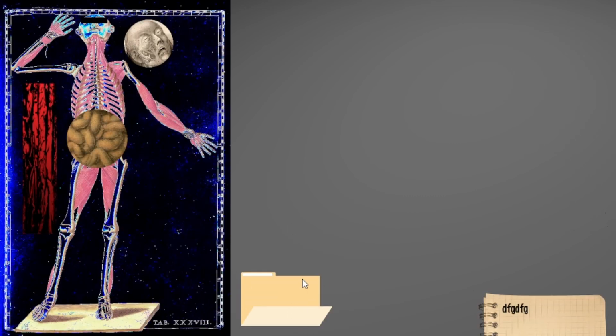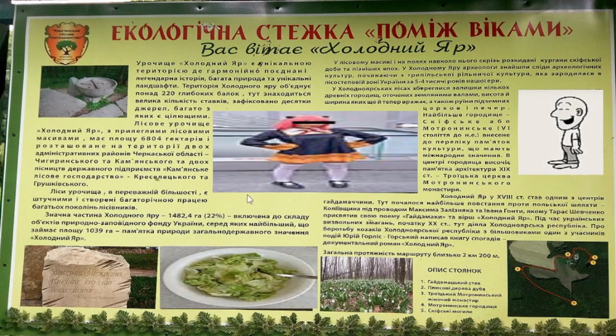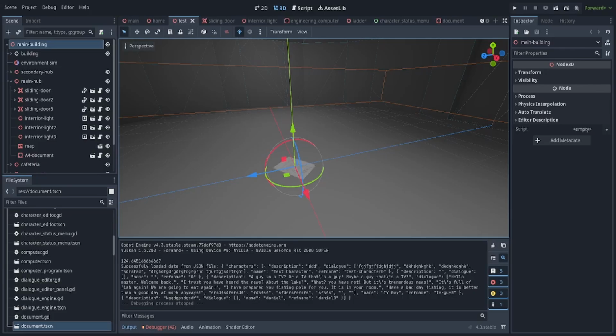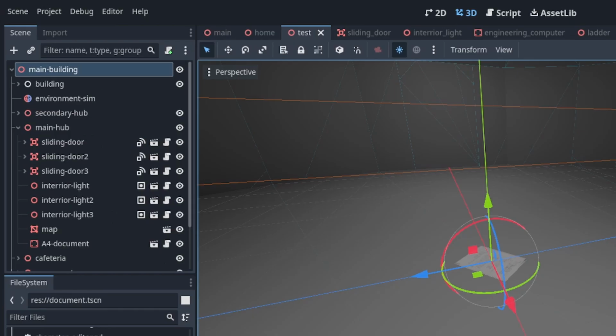It just calls a queue free function and it disappears. But obviously what it's going to do is put the file where you can find it in the folder here later.